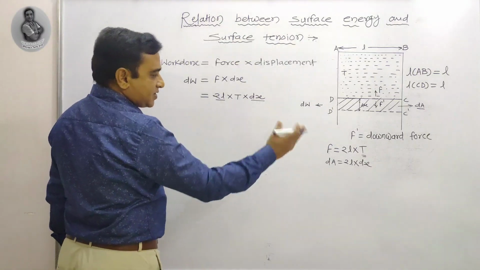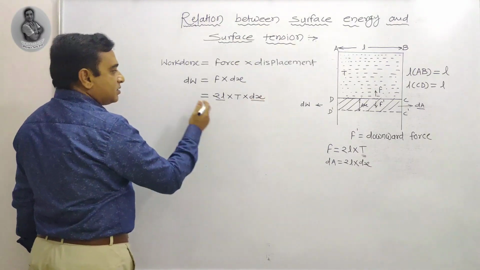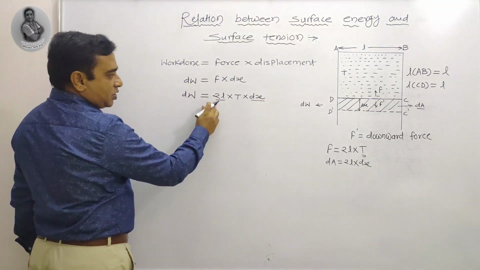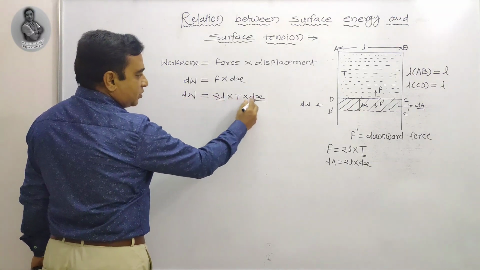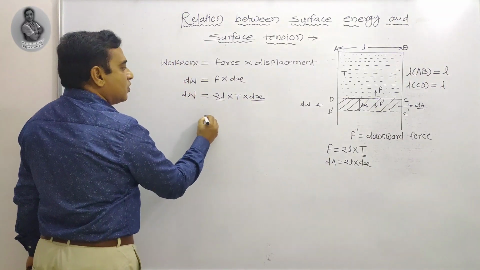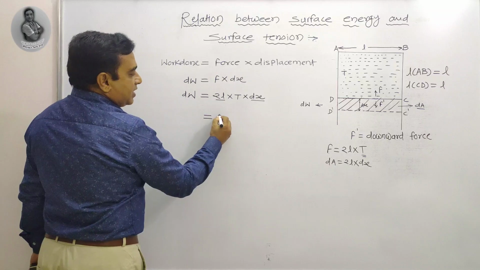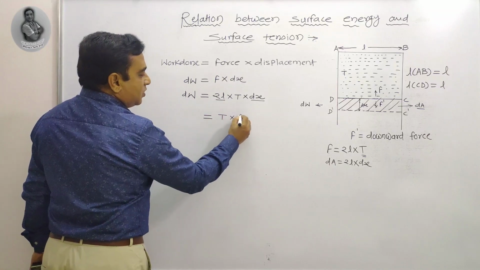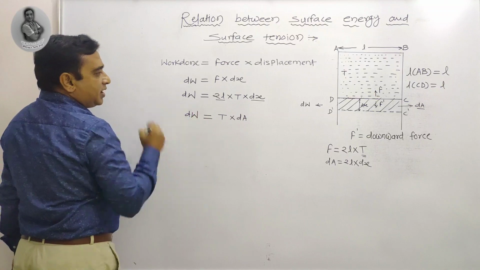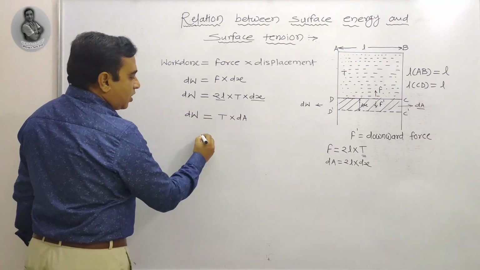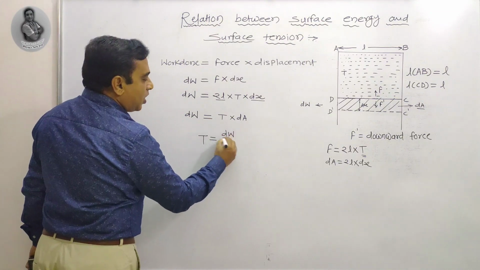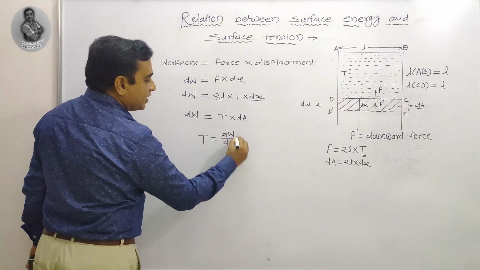As it has two surfaces and twice the length is considered, dW is equal to 2L into T into dx, and 2L into dx is nothing but dA. So here it is T into dA. dW is equal to T into dA, or T is equal to dW upon dA.